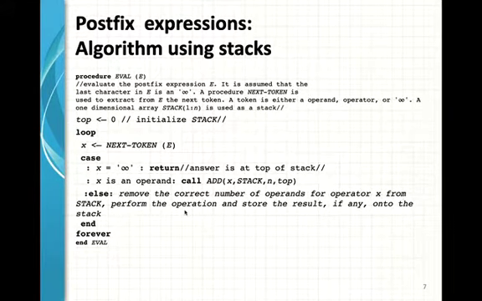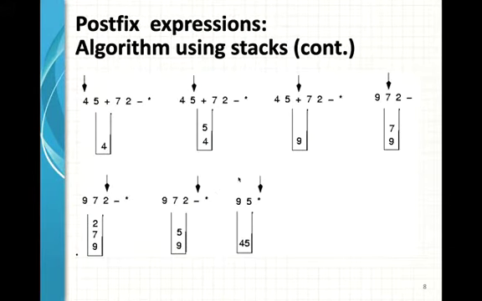Okay, then go to this slide. Here it shows that 5 and 4 will be popped, and this operation will be performed, and the result, 4 plus 5 is equal to 9, is pushed back to the stack.